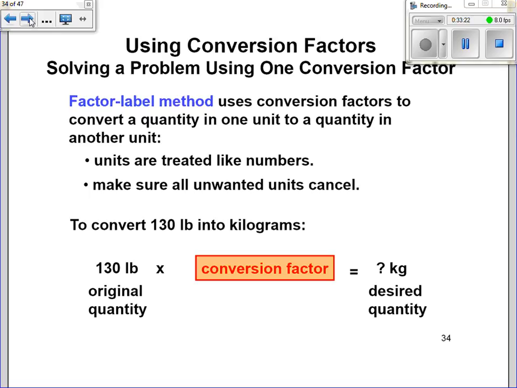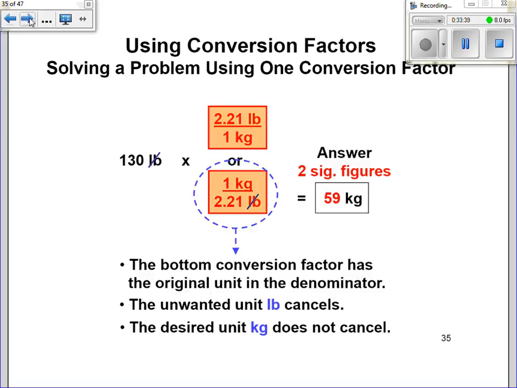So, to convert 130 pounds into kilograms, we start with 130 pounds. Always put the units in there. We have to have some conversion factor to give us the kilograms. If we remember from the previous slide, here they use 2.21. Don't ask me why they changed it from 2.20. 2.21 pounds per kilogram, or 1 kilogram per 2.21 pounds.